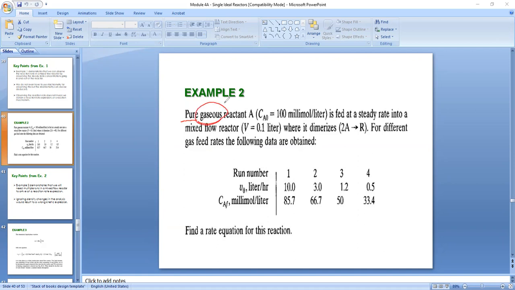Your reaction is gaseous in nature. Your reactant is gaseous. Your feed rates are gaseous in nature, or by nature they are gas.